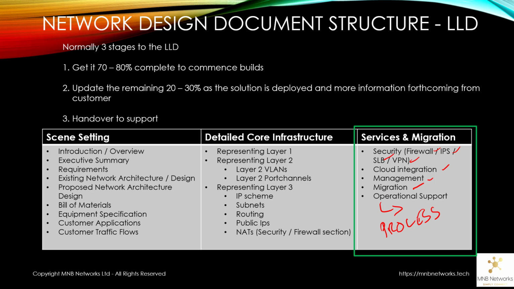So if you have, for example, a managed LAN and a managed WAN, then the low level design document should have all of the details and information around how you raise a support ticket, what contact details you need to use in order to get in touch with the managed service provider, SLAs and various other things like that in order to raise a support ticket.